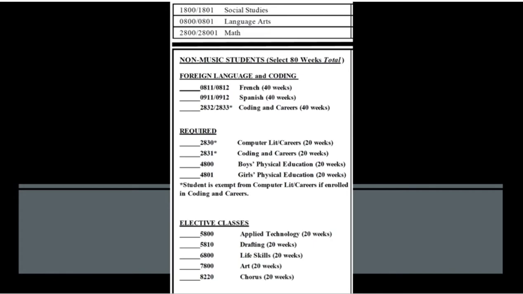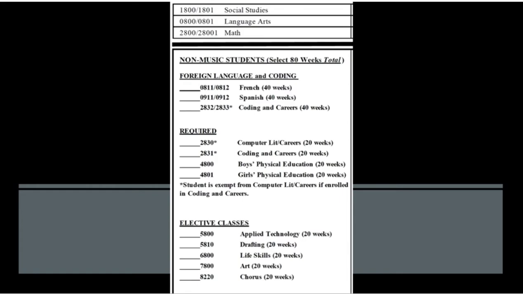Now, under the heading that says foreign language, you're going to see 2 foreign language classes, and a coding class. Now, you don't have to select anything from this category, but if you decide to take a foreign language, you need to know these things. First, if you pass the foreign language class, you're going to get a high school credit.